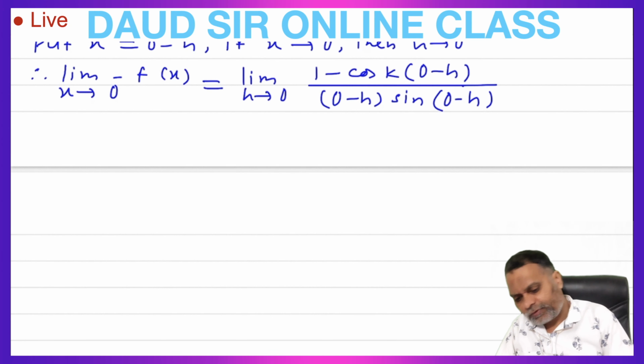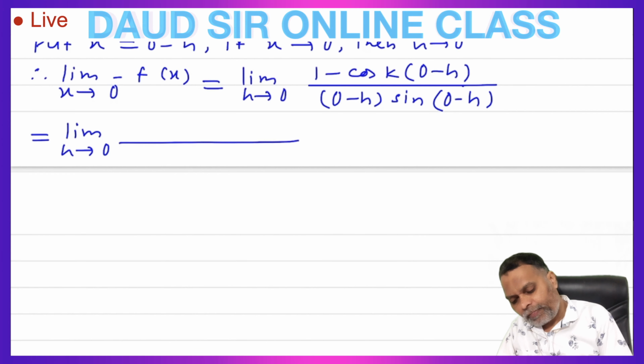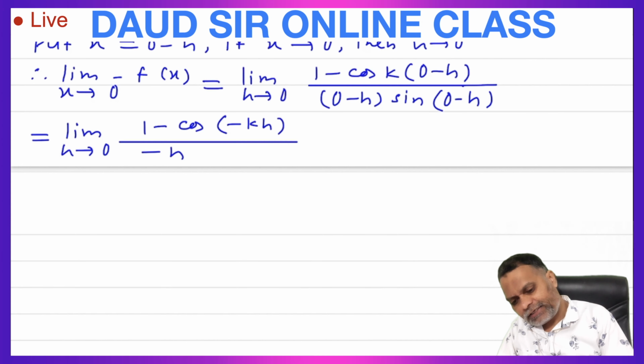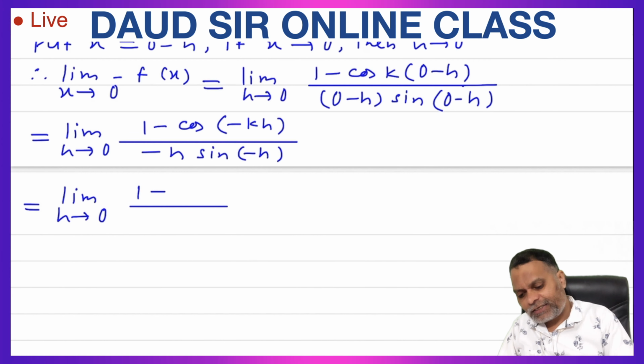Simplify this. Limit h tends to 0, 1 minus cos minus kh upon minus h into sine minus h, which is equal to limit h tends to 0, 1 minus cos minus theta.